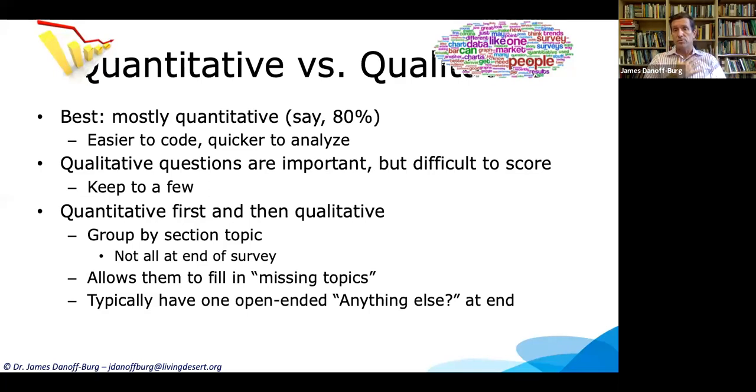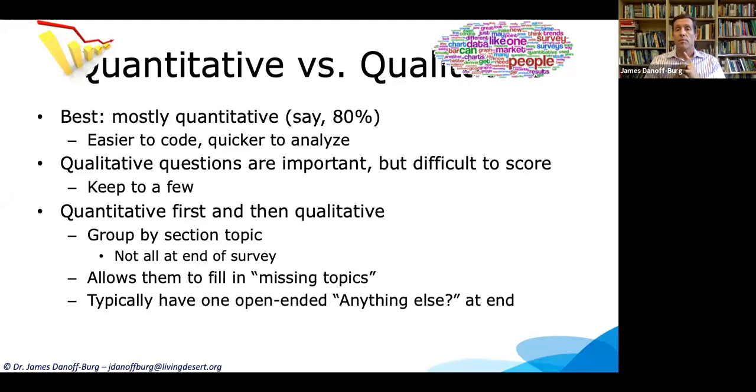So the way that I usually structure surveys is that I'll have about 80% of the questions being quantitative questions on the dichotomous scale, the ratings, the Likert, the ranking, the multiple choice, the check boxes, those kinds of items.